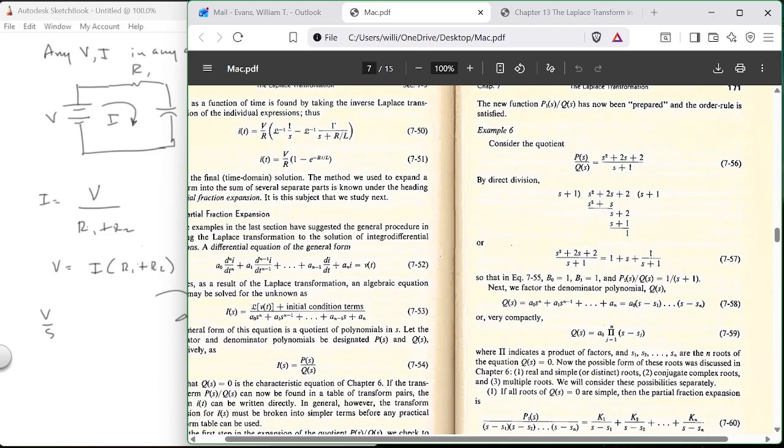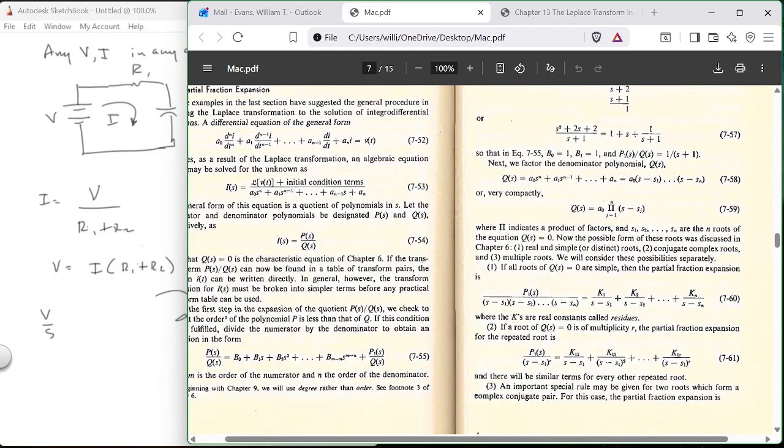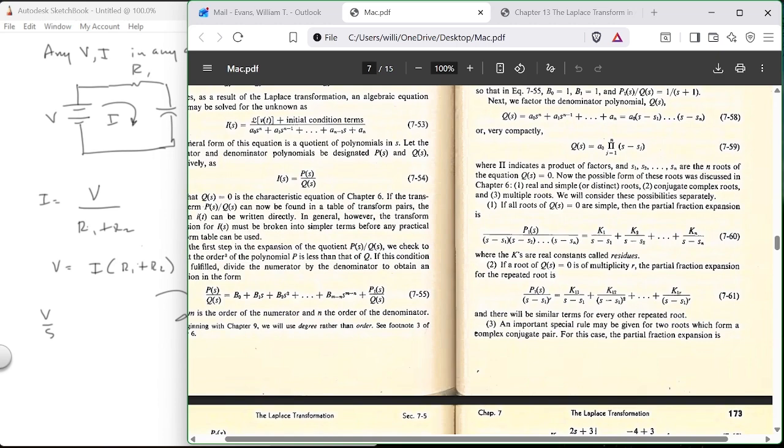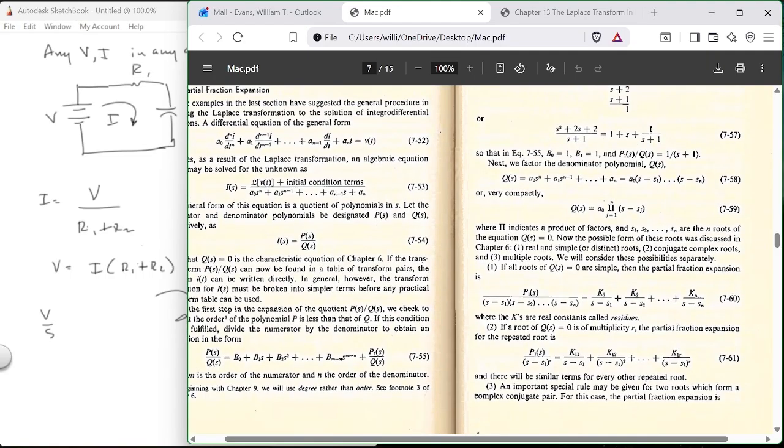All right, you can do that. I don't think you ever will, but again, here's the one that you probably will use the most. So this is one. If all roots are simple, in other words, if you have s minus 1, s minus 2, s minus 3, s minus 4, they just break out like this.